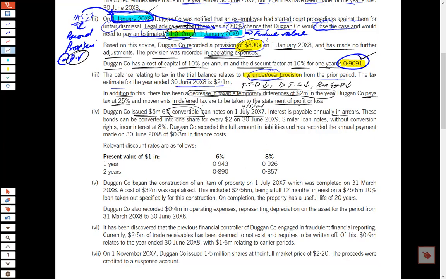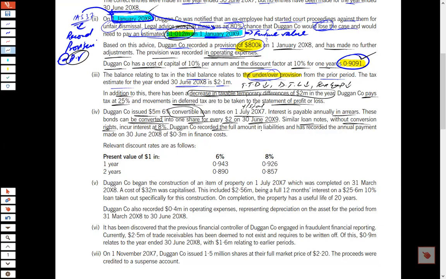Interest is payable annually in arrears. These bonds can be converted because these are convertible loan notes. So these can be converted into one share for every $2 on 30th June 2009. That is the maturity date. Similar loan notes without the conversion rights incurs interest at 8%.